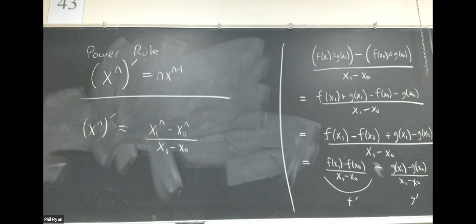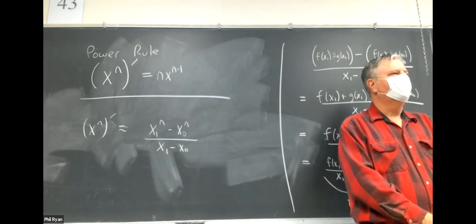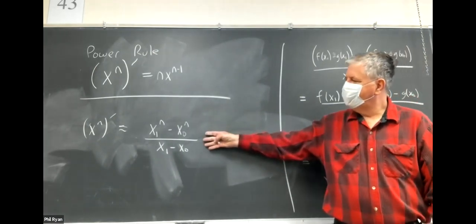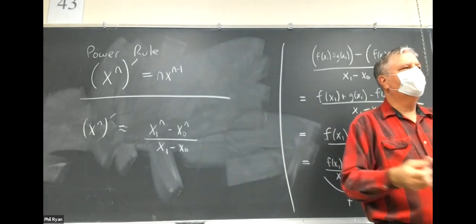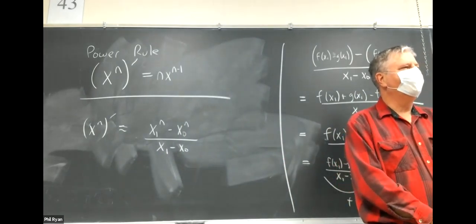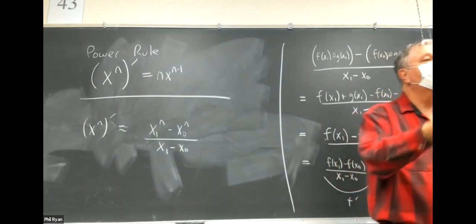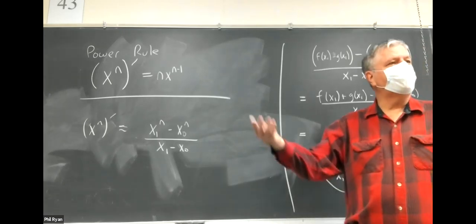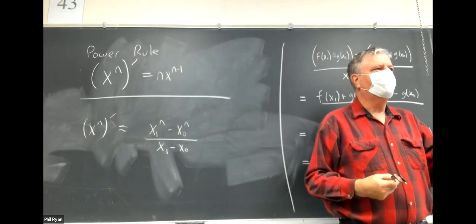Now we've got to do some algebra. What kind of algebra do we want to do? There's not much we can do here, but what's our dream? We want to factor and cancel. That's the thing that we like to do with polynomials.